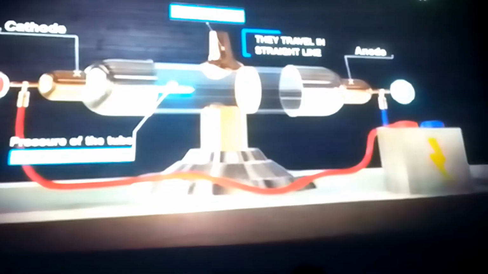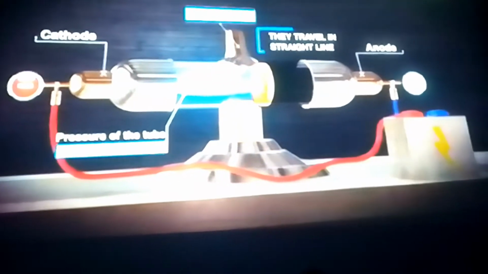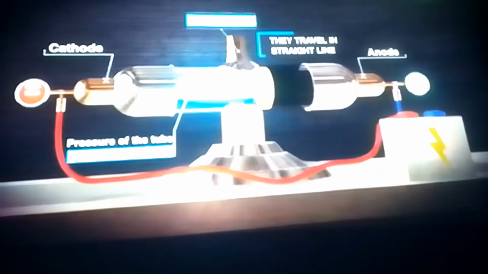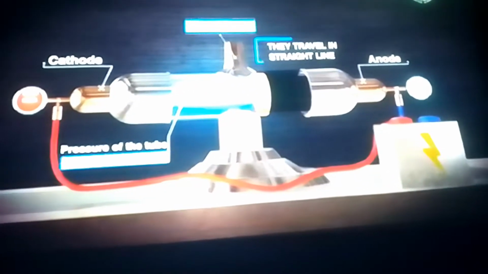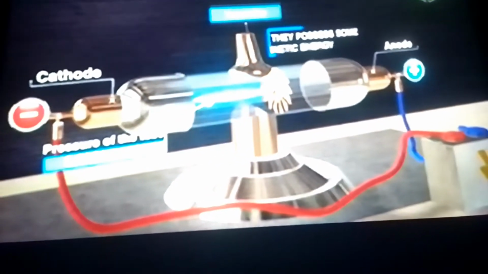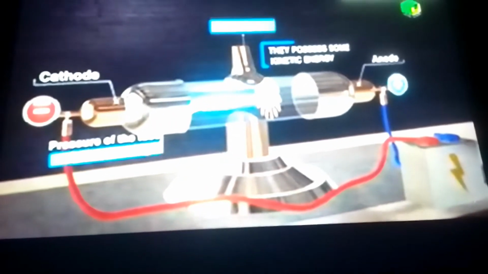Properties of cathode rays are 1. When any object is placed in the path of the cathode rays, these rays cast shadows. This shows that cathode rays travel in straight line. 2. When a wheel was placed in the path of cathode rays, the wheel rotates. This shows that rays consist of some particle and some kinetic energy. 3.